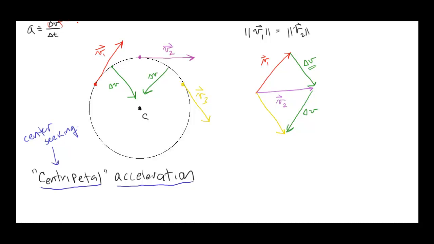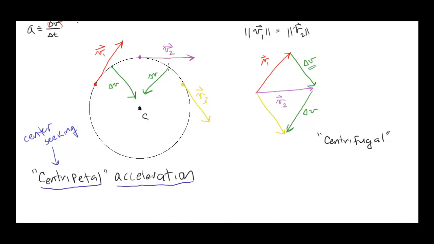Don't get this word centripetal confused with this other word, centrifugal. Centrifugal, which is a word that you probably hear more frequently, means center fleeing or away from the center. So it's exactly the opposite of centripetal.